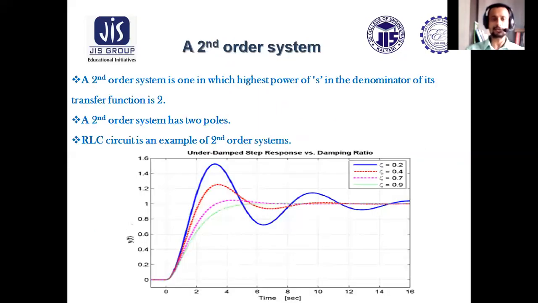So let us start with what a second order system is. As we discussed in earlier classes, the order of a system is defined by the highest power of S in the denominator of its transfer function. So a second order system should have the highest power of S equal to 2 in the denominator of its transfer function.